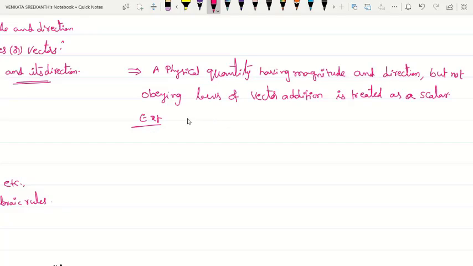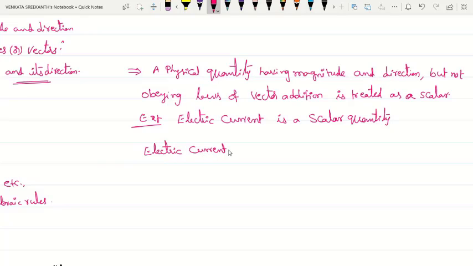See here, electric current is a scalar quantity. Why?